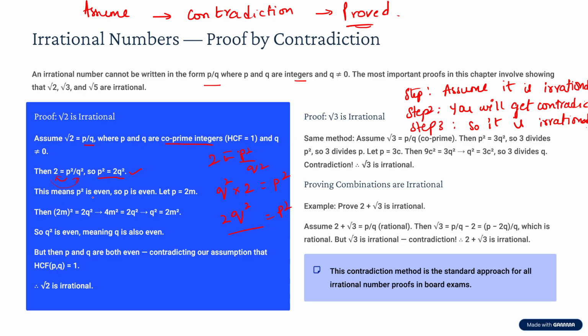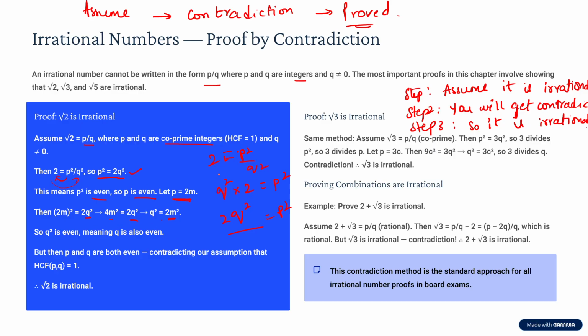So p square is even, so p is also even. So p equals 2m. Clear? So then 2m whole square equals 2q square. 4m square will become 2q square and q square will become 2m square. If you don't understand any step, you can ask me in the comments.